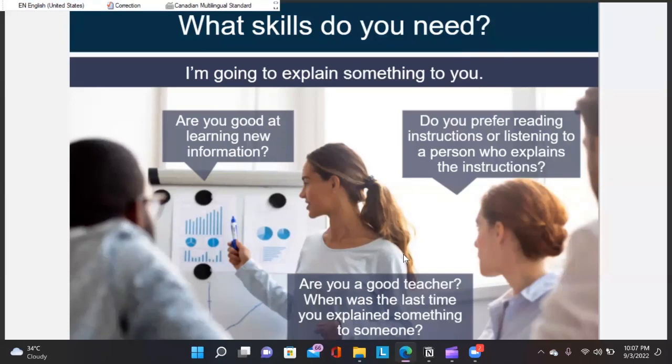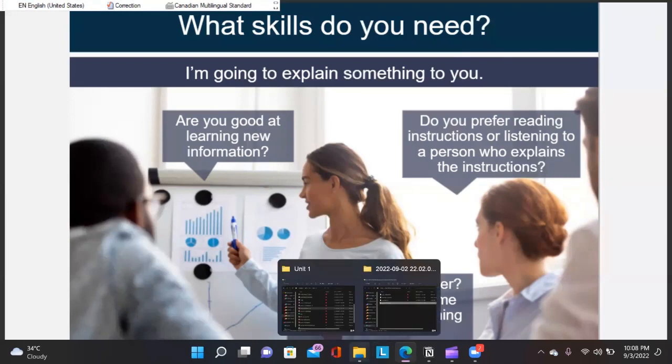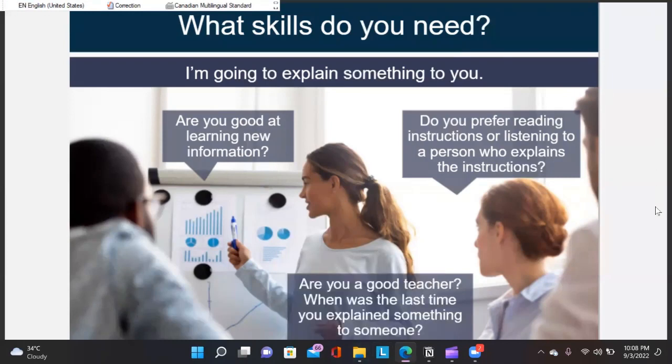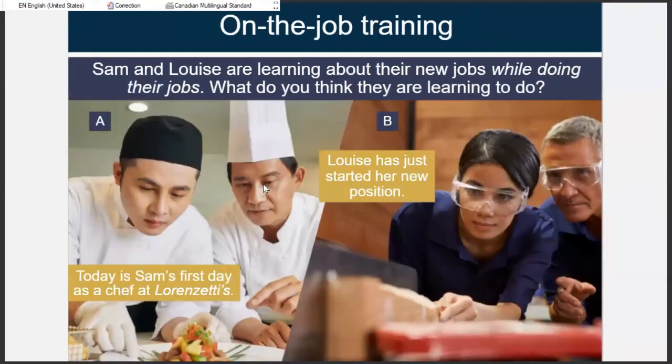It could be to your friends or family members on a specific type of information, but not all the time. I'm just describing the picture in front of us. Okay, let's go further.